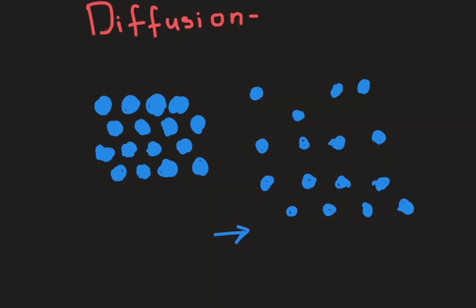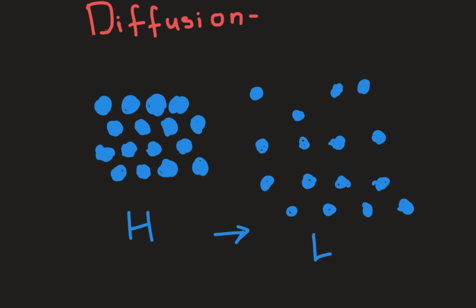So here I have diffusion. For this one, the solute moves across the membrane with the concentration gradient. For this type of diffusion, which is sometimes referred to as simple diffusion, the passive movement of the solute follows the concentration gradient from high concentration to low concentration, as I have depicted here.